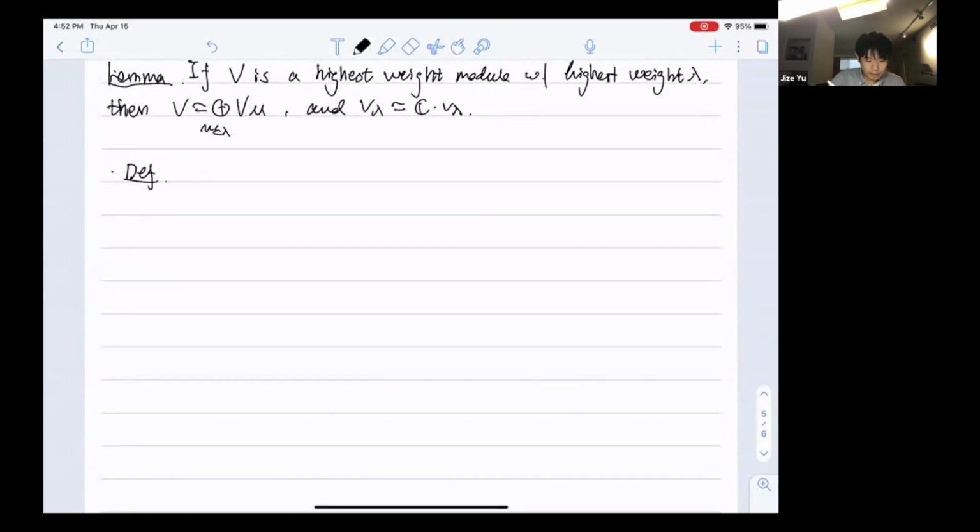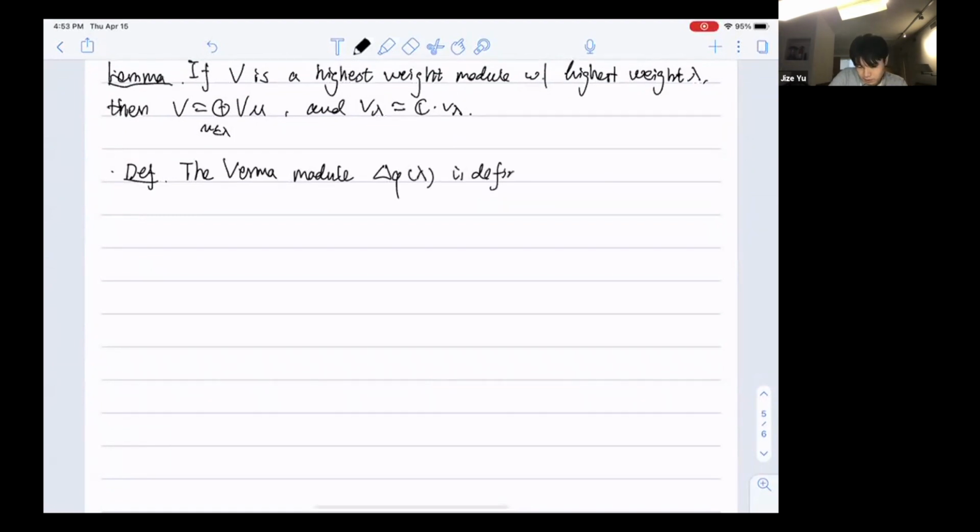Okay, so we define the Verma module, which I call Δ_q(λ).